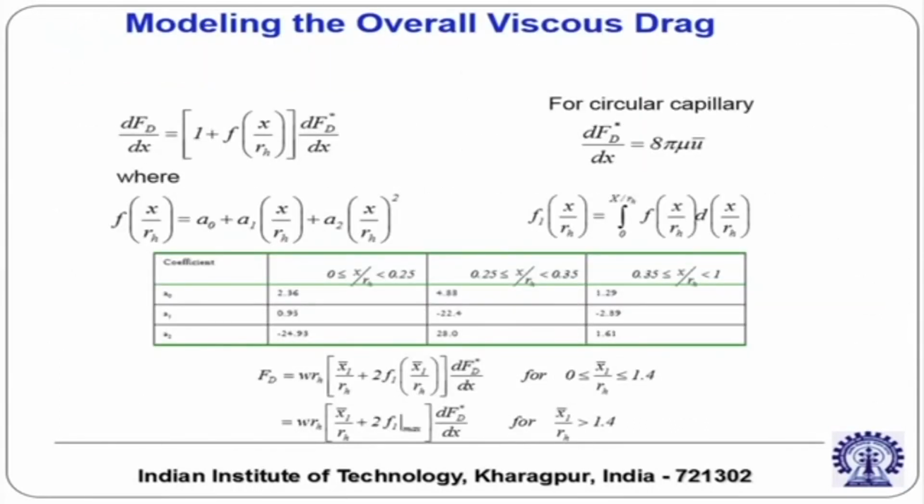How it will alter it cannot be worked out analytically, but through numerical calculations one can do some curve fitting and say that if dFd star by dx is the gradient of the drag force, with a star meaning fully developed, then the actual one is basically 1 plus a function of x by hydraulic radius, where the function of x by hydraulic radius can be fitted by a polynomial.